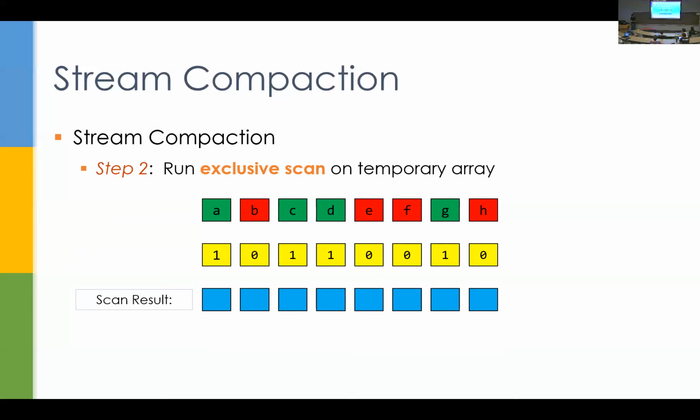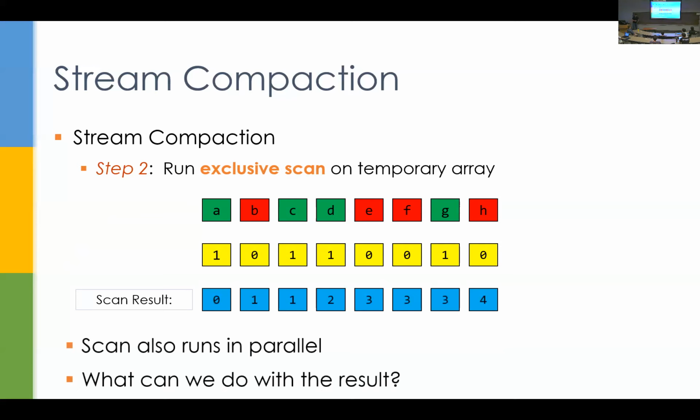Then the next element is 1. Second element is 1. Third element is 2. All right, you guys know, so I'm going to skip. So this is the scan. Scan also runs in parallel. So you're going to write a kernel for scan, and you're going to get the scan result. All right. What can we do with the scan result now?